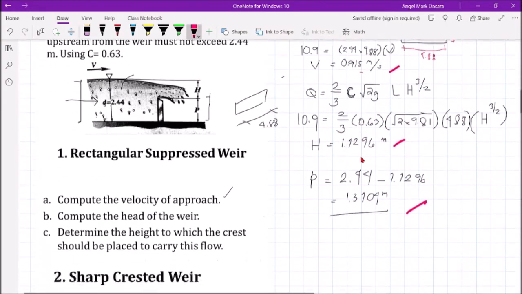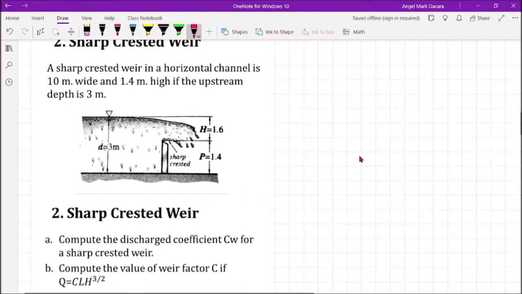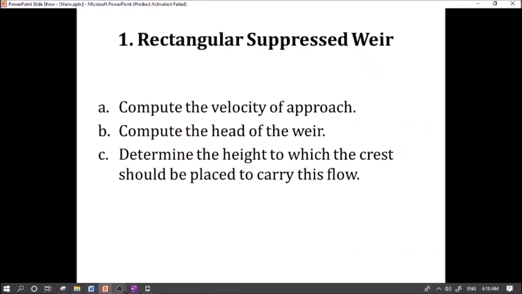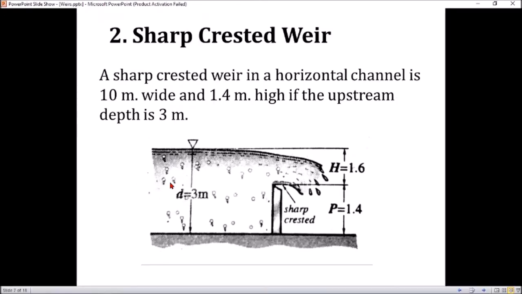Okay, next topic is this. Actually, this is the same, but let's show it in the presentation. It says, a sharp crested weir, so it is specified as sharp crested, in a horizontal channel is 10 meters wide. So you know what that means. This width refers, in the formula, to the length of the weir.